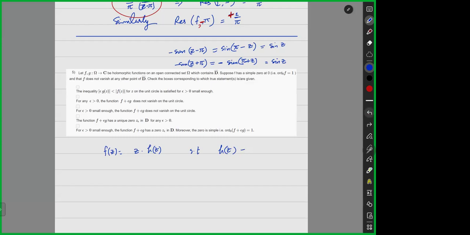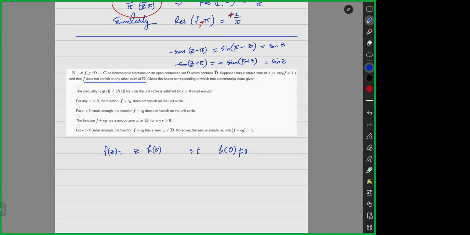Simple zero means only one zero with multiplicity 1. f does not vanish at any other point of the disc closure. Check the boxes corresponding to the true statements.